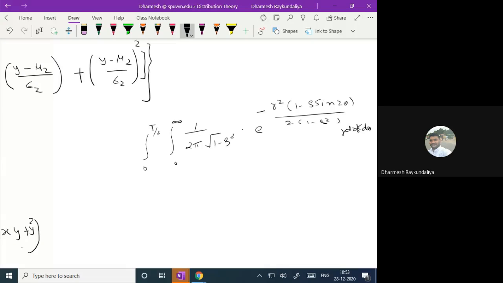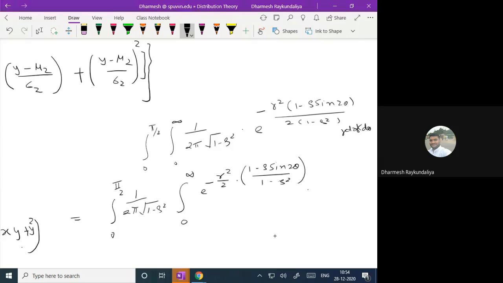Okay, so what do we do? 0 to pi by 2 outside, it is 1 upon 2 pi square root of 1 minus rho square. I have taken it outside, and then 0 to infinity e raised to minus r square by 2, times 1 minus rho sin 2 theta upon 1 minus rho square, and here I can write d r square by 2, and this is d theta.